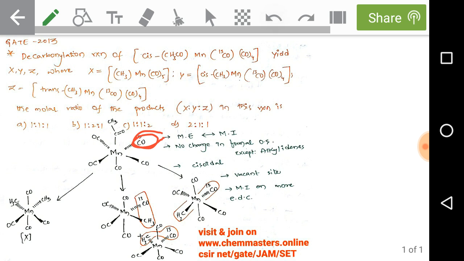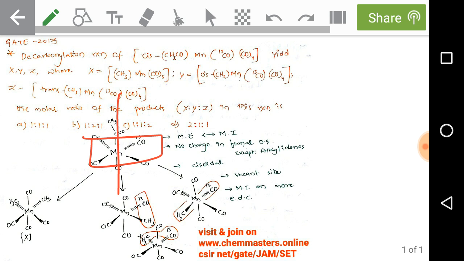Now just look at the given reactant once again. If you see that, we have an octahedral complex. Just remember, it is useful in the further understanding of this explanation.